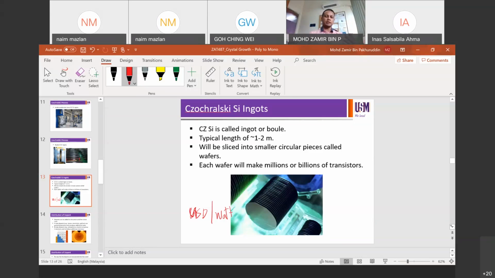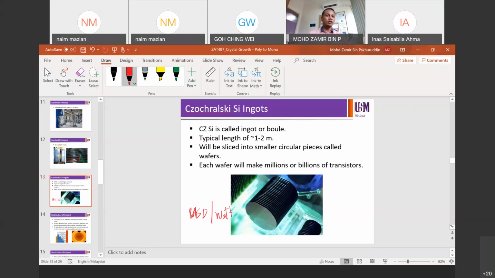So if you can minimize or control the migration of the impurities from the crucible into the melt, or you can just make sure they are just on the edge of the ingots but not in the central area, then you can actually minimize impurities in your active area of the device later on, because the main device will be fabricated in the central region of the ingots.